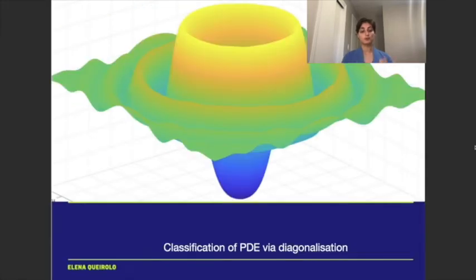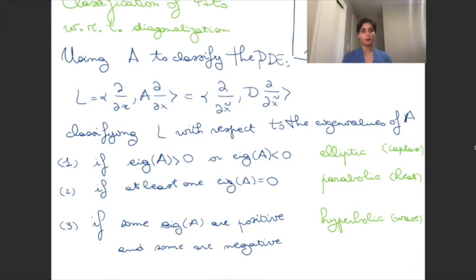Can we use this new way of representing our differential operator with respect to eigenvalues as a way to classify PDEs? Yes, we can, and we're going to be talking about this. We have constructed a way to go from any linear second-order PDE to a diagonal second-order PDE, a diagonal operator.